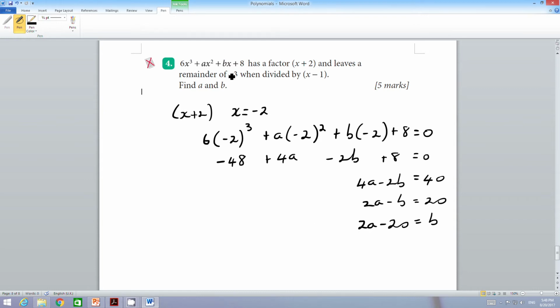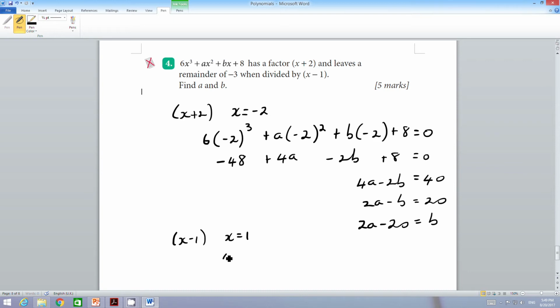They also tell us that the polynomial expression leaves a remainder of negative 3 when divided by x minus 1. So we know that if we divide by x minus 1, in other words, if I make x the subject, x is equal to 1. If I plug this value into my polynomial, then the remainder is negative 3.